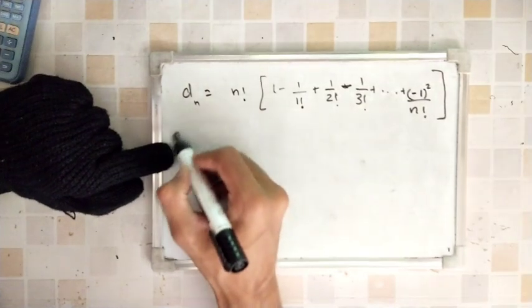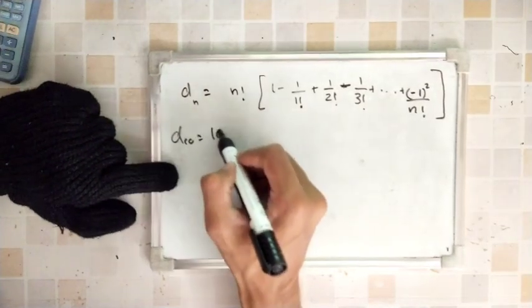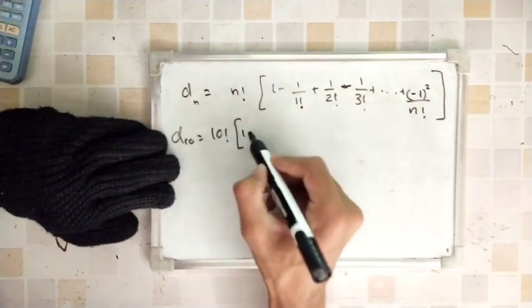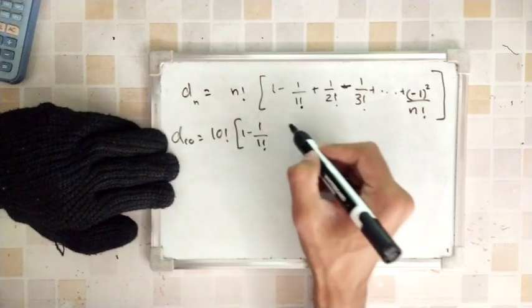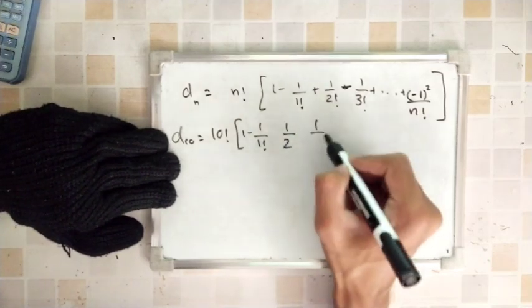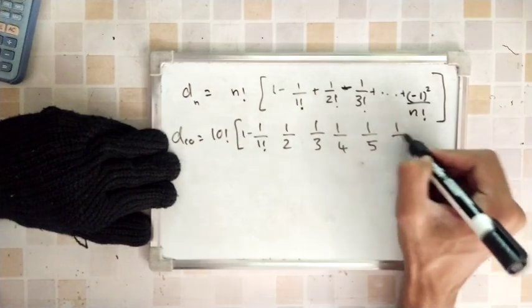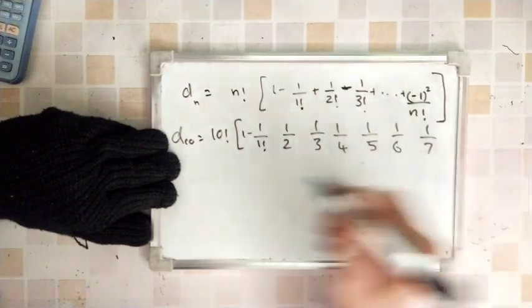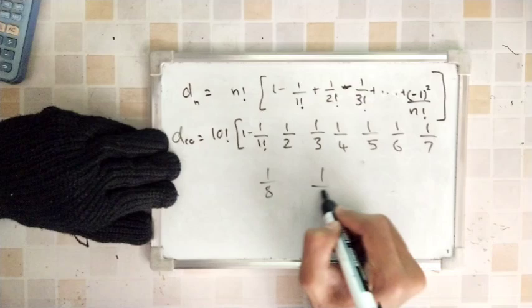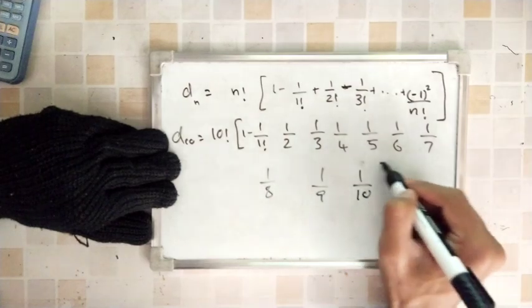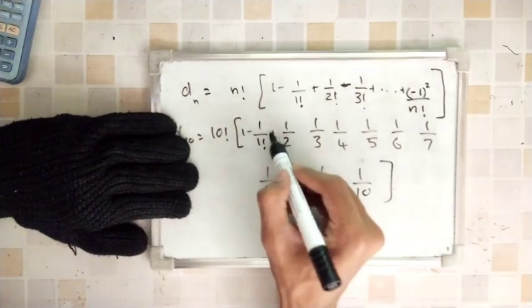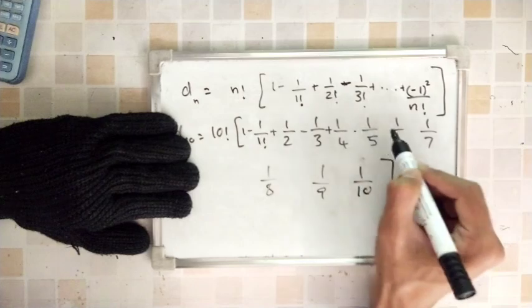So now D10 is equal to 10 factorial into 1 minus 1 by 1 factorial. So just first write 1 by 2, 1 by 3, 1 by 4, 1 by 5, 1 by 6, 1 by 7, 1 by 8, 1 by 9, 1 by 10 factorials, with alternating signs plus minus plus minus.